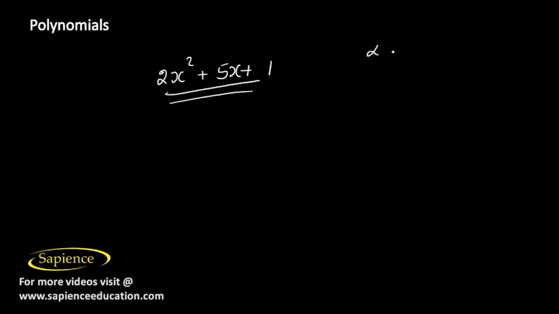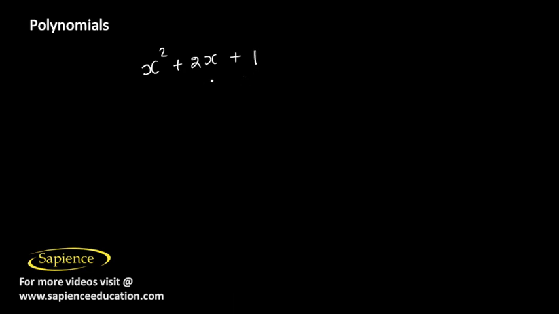Let us try to find out alpha and beta. How can we find alpha and beta for this? This can be written as 2x square plus... let's try a different example which is a little bit simpler. x square plus 2x plus 1.